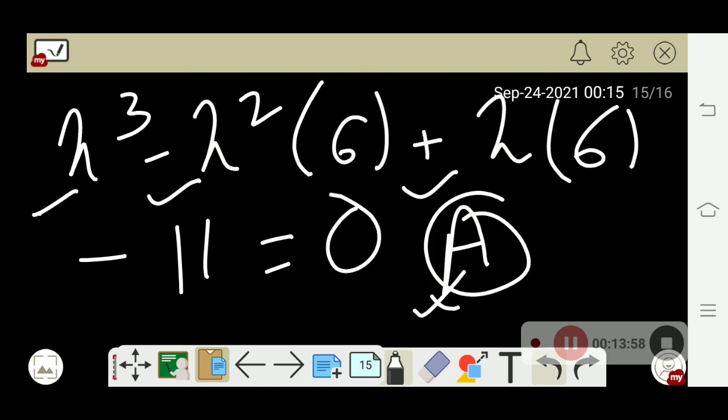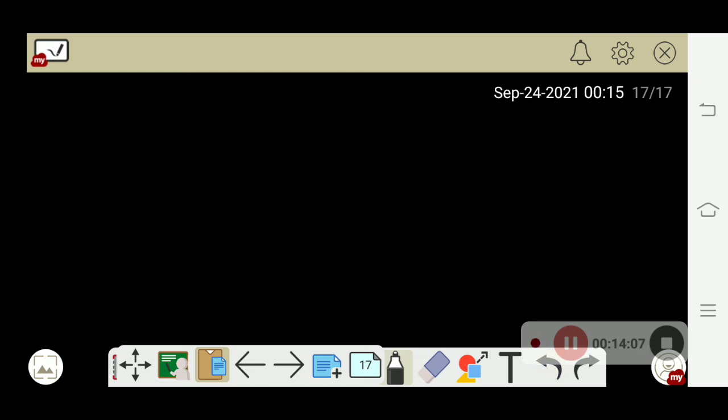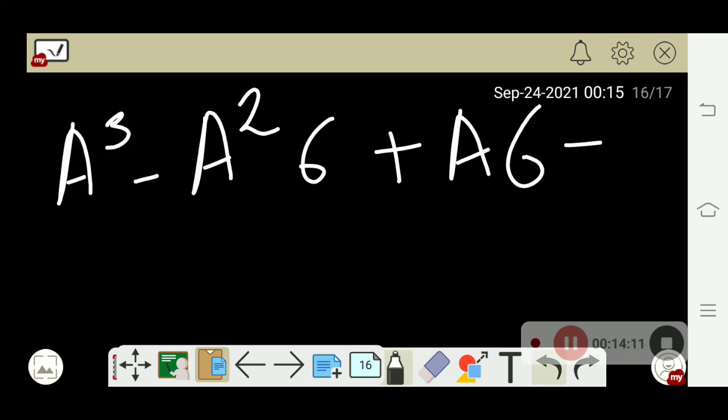So lambda square into 6 plus A6, minus 11. So what I told, we'll find inverse of a matrix in a very easy process from this theorem.